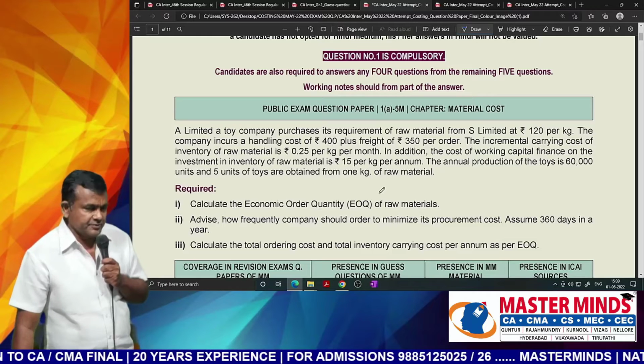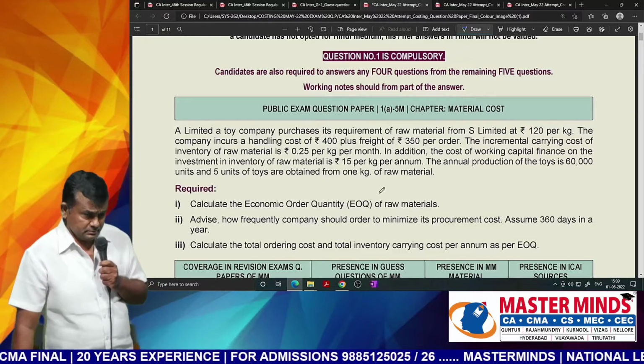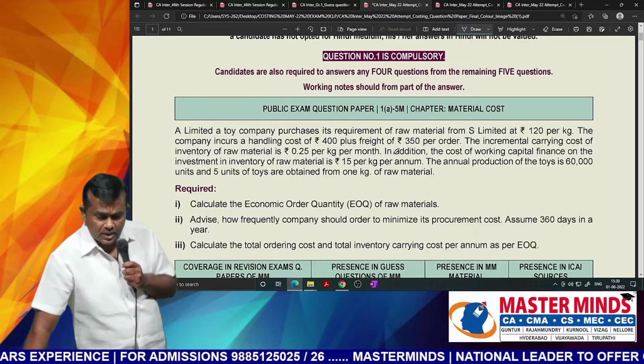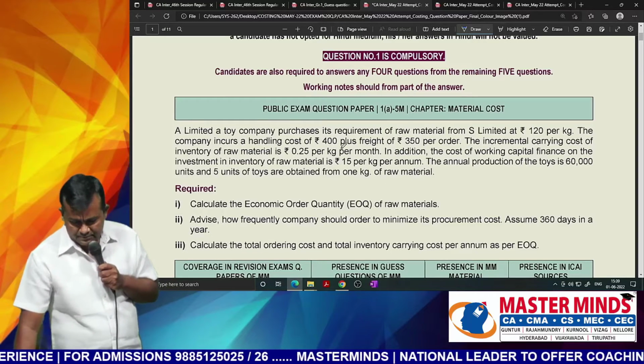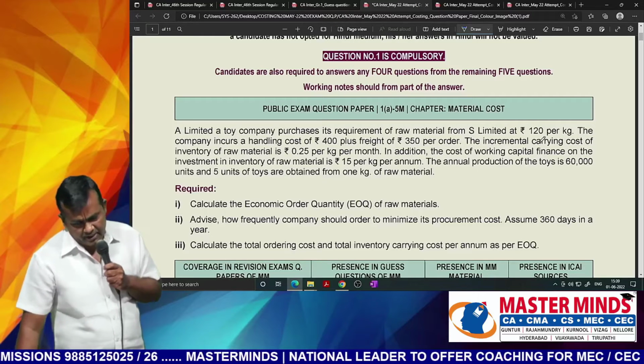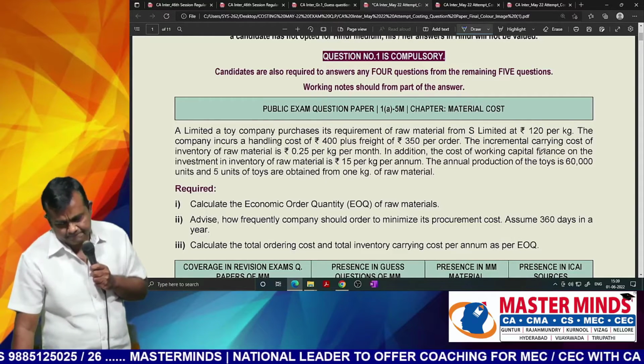So 3 plus 15, that is carrying cost per unit per annum equal to 18 rupees. Ordering cost per order 750. Unit price per kg of raw material 120.